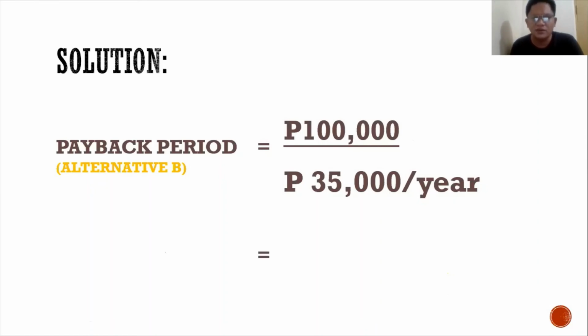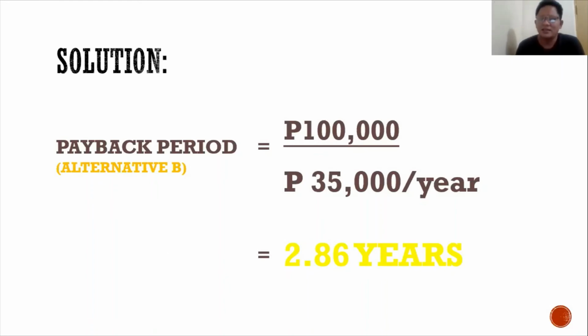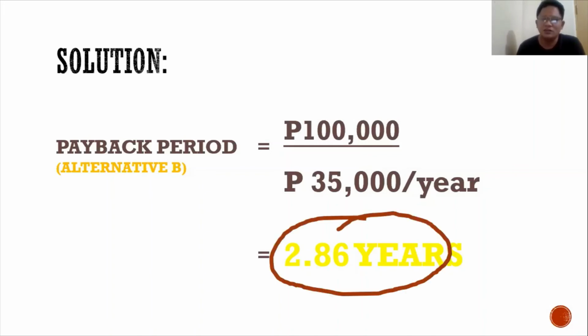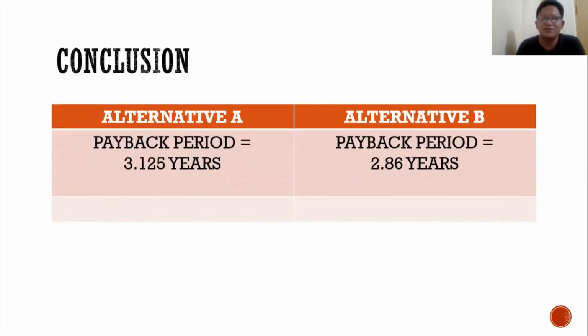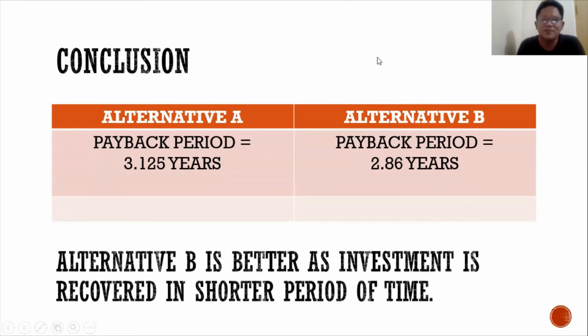Therefore, your payback period for alternative B is 2.86, lower than alternative A. So in conclusion, alternative A is 3.125 years versus alternative B, which is 2.86 years. So alternative B is better when it comes to the recovery time for its investment.